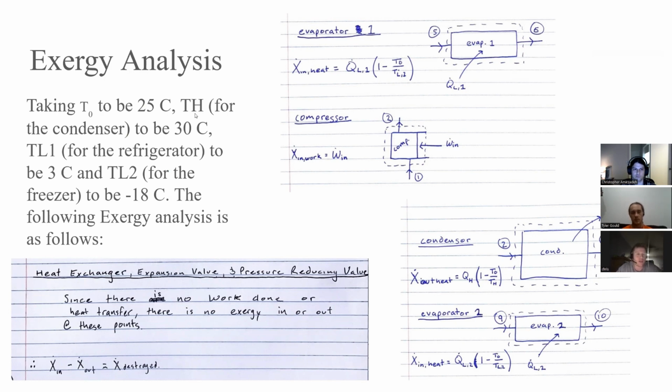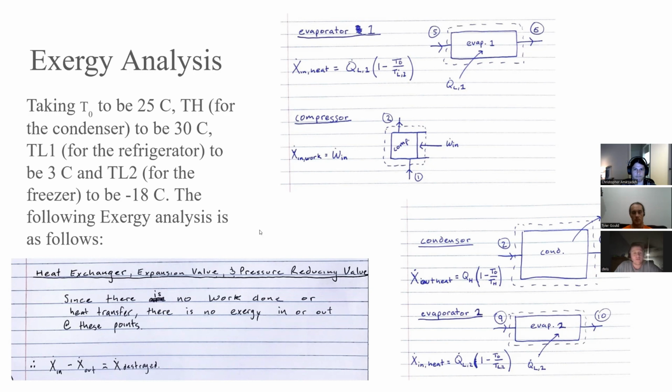TH, which will be relating to the condenser, is set at 30 degrees Celsius. TL1, which is going to correspond to the evaporator that goes to the refrigerator, is set at 3 degrees, whereas TL2, which is the evaporator for the freezer, we set at negative 18 degrees.